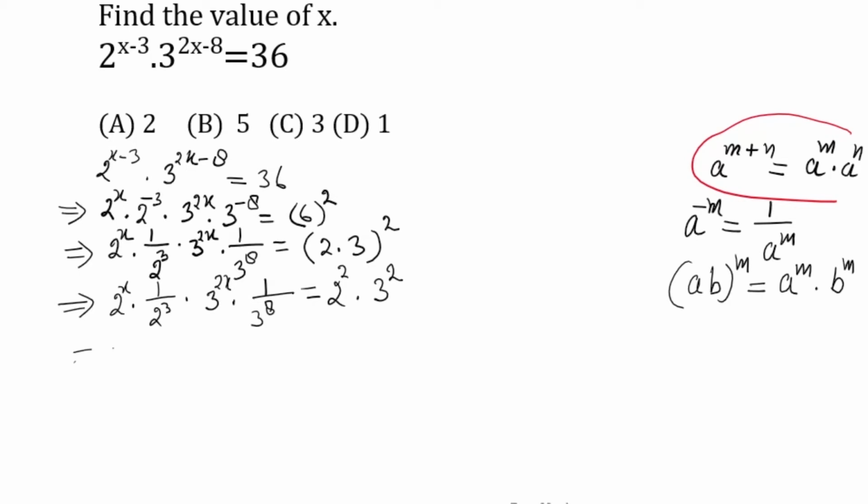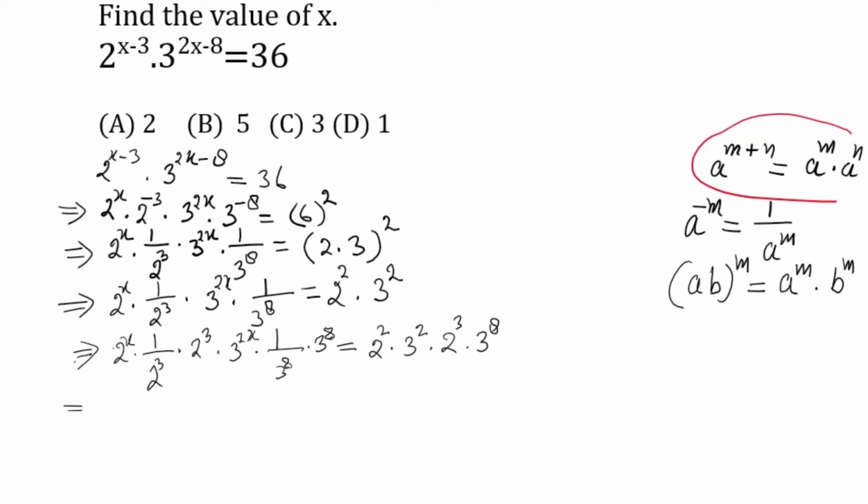Implies 2 to the power of x into 1 upon 2 to the power of 3 into 2 to the power of 3 into 3 to the power of 2x into 1 upon 3 to the power of 8 into 3 to the power of 8 is equal to 2 to the power of 2 into 3 to the power of 2 into 2 to the power of 3 into 3 to the power of 8.